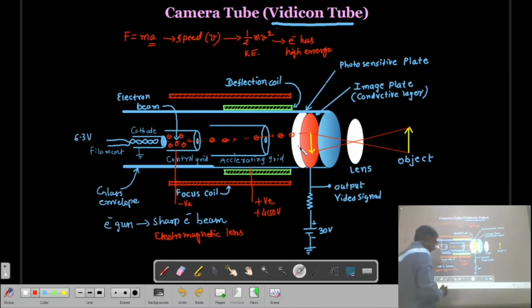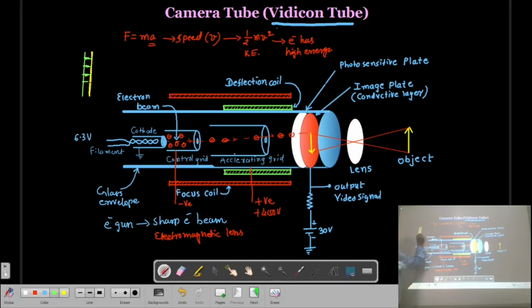If you see the cross-section view of this, we have a conductive layer, and then this kind of photoconductive layer. They are in contact, so basically this photoconductive layer is working as a kind of resistance.